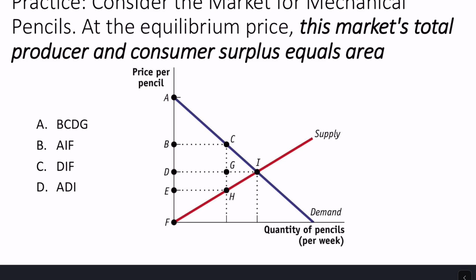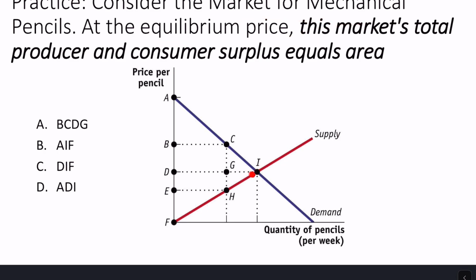Another way I could ask you this question for economic surpluses would be to have you give me letters for areas of the graph instead of having you calculate it out. And so here we have a simple supply and demand graph, right? Supply, demand. And these letters are pointing out different areas on this curve, right? And so this is going to be the market for mechanical pencils at the equilibrium price.